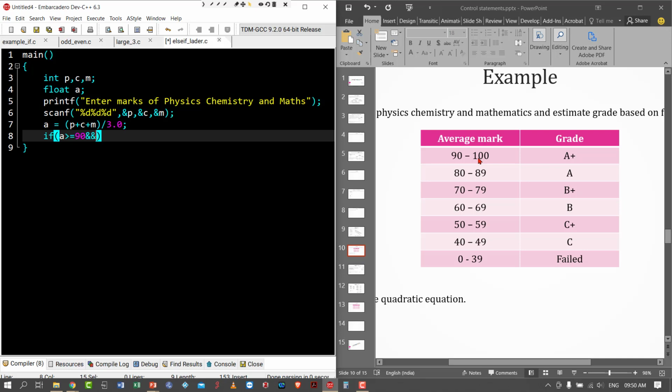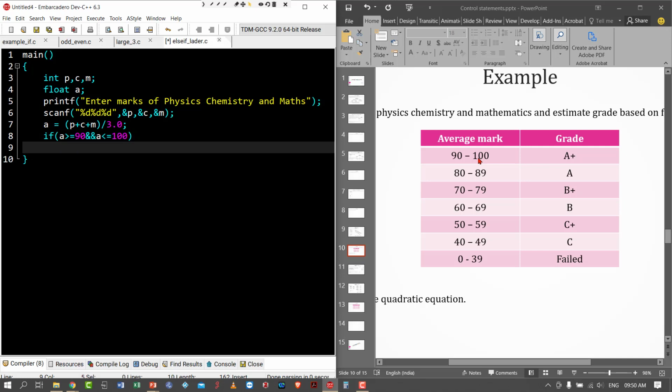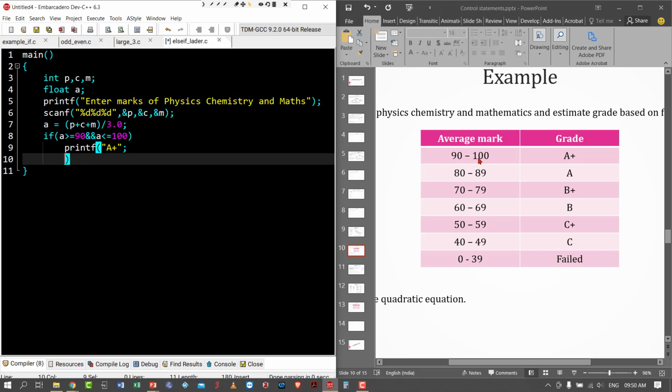For that we are using logical operators and I am checking both conditions. A less than or equal to 100. printf. Here I have only one statement, so no need to put any braces. A plus semicolon.